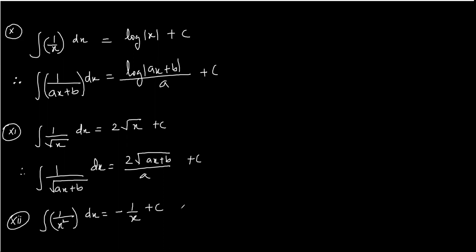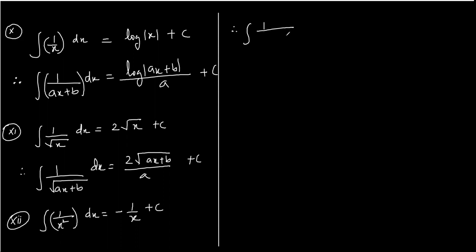So this implies, therefore, see, what am I doing, students? Am I going to change the function? No. So integration of 1 upon x square. See, I will not change the function. It is 1 upon x square.